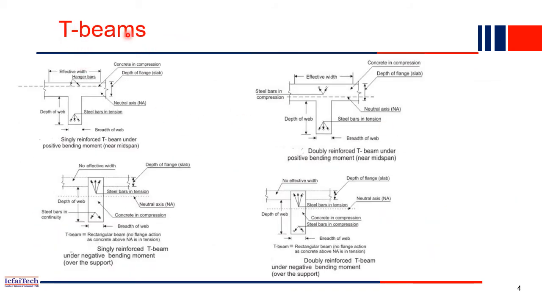Now T-beam. In many places you will find T-beams are also provided. Because in normal practice the beam and column both are cast monolithically, in the sense that beams and columns are actually cast together. When the slabs are cast, at the same time we cast beams also.